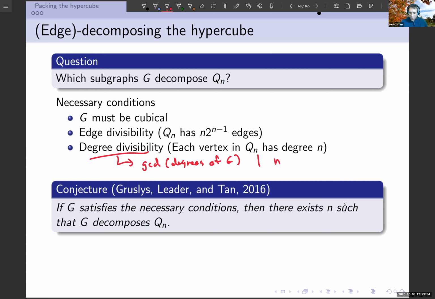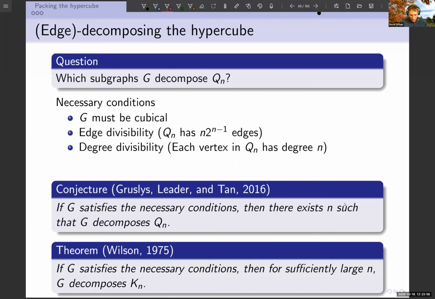But not only that, another reason why you thought, okay, why wouldn't this work out, is this theorem of Wilson back in 1975, which is one of the seminal theorems about graph decompositions, and that was for the complete graph Kn.